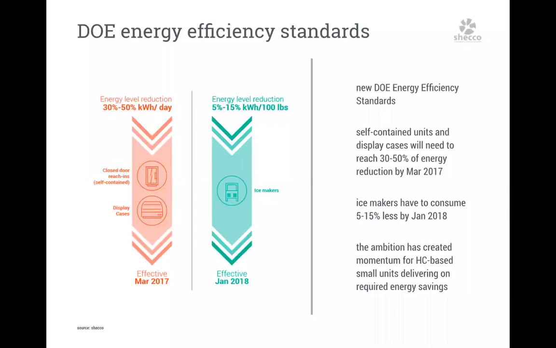A direct result of that effort has been a renewed interest in using hydrocarbons for small units, delivering on the required energy savings. We've seen this development when we attended several trade shows this year in North America, and also through the presentations at the Atmosphere Conference in June. So interest is definitely there, and the pressure to do something on the energy conservation side.